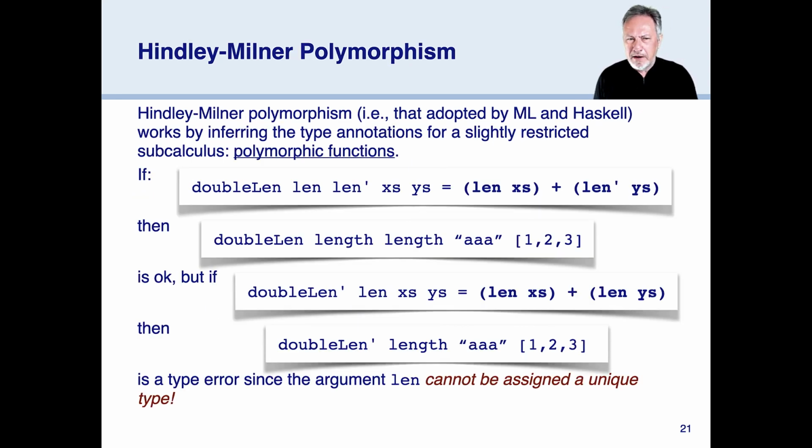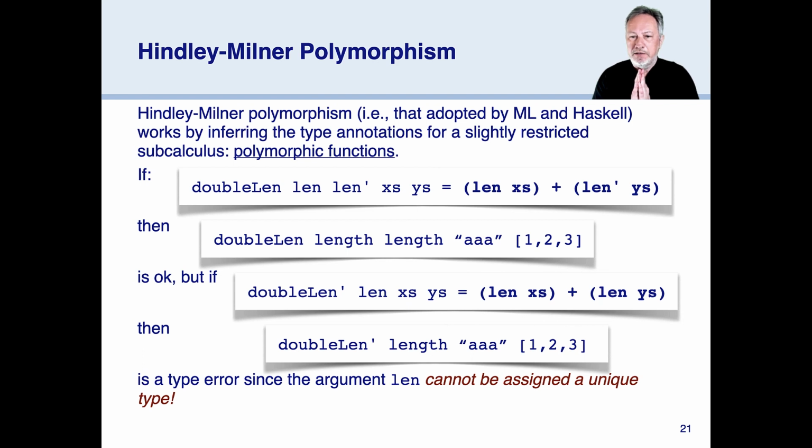Let's think back now a moment to the Hindley-Milner type polymorphism inference algorithm. With Hindley-Milner polymorphism, the type inference works by inferring type annotations for a slightly restricted subcalculus of polymorphic functions.